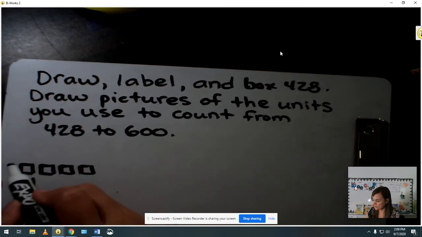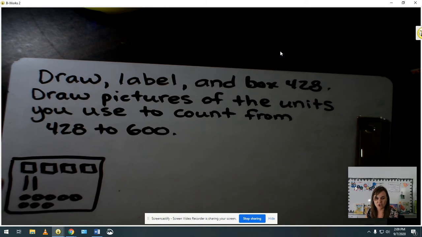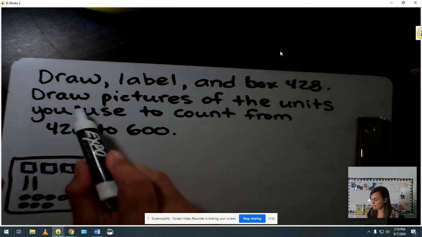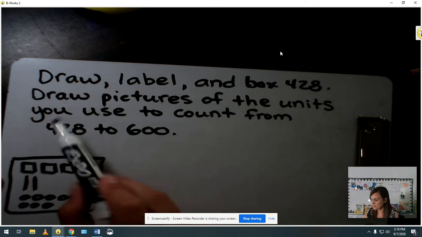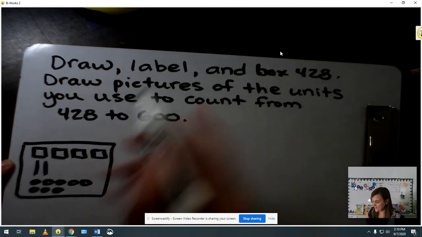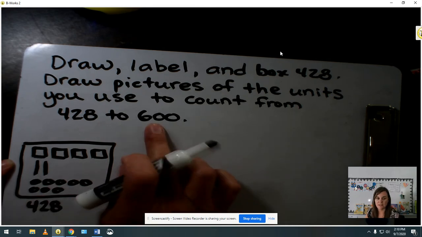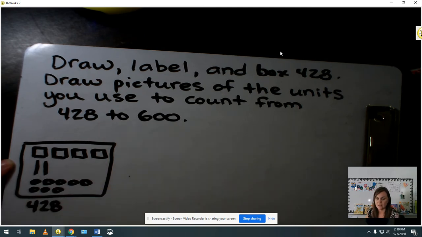And then it wants me to put a box around it. Basically, that's saying that's my start number. Now I'm going to count by drawing pictures of the units I'm going to use to count from 428 to 600. I forgot to label. This is 428. So I'm going to count on until I get to 600.